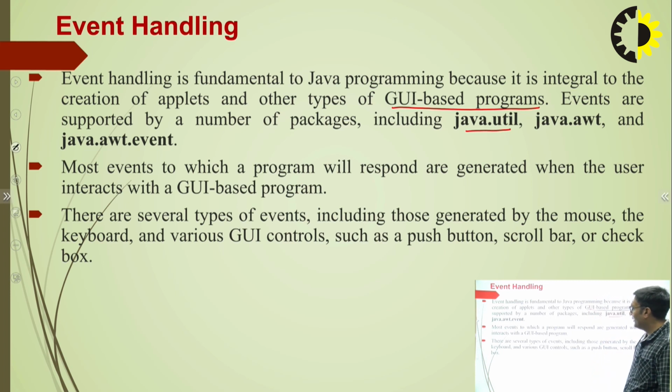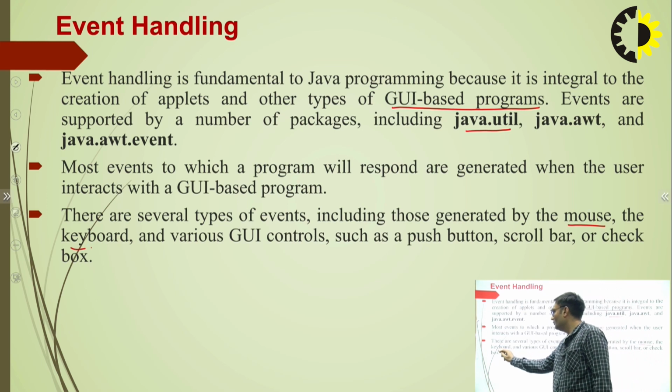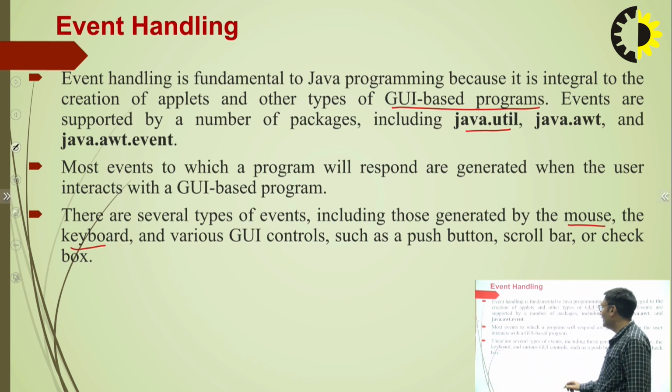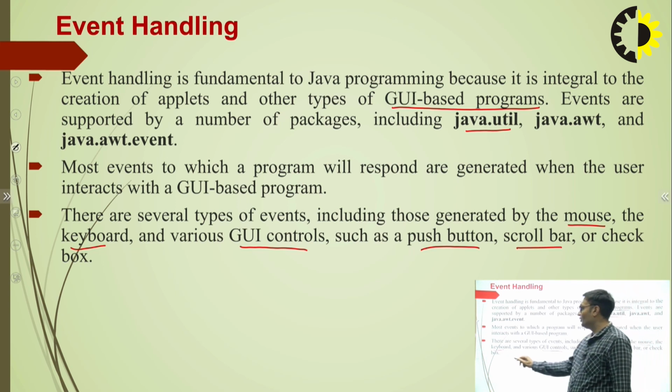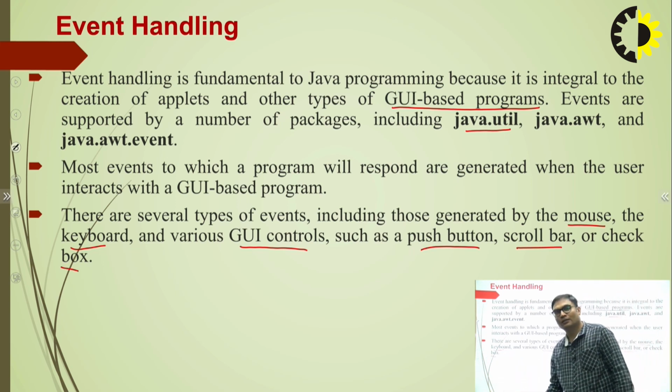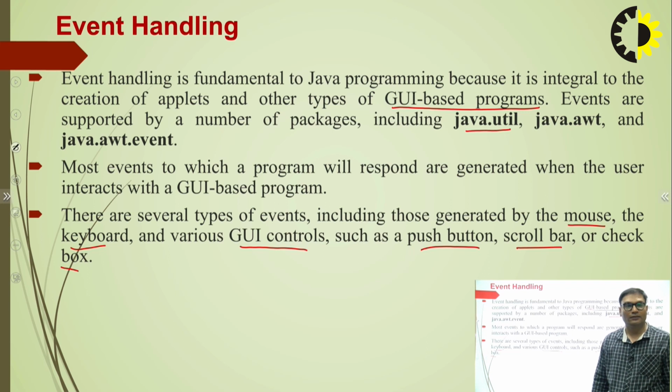There are several types of events including those generated by the mouse, keyboard, and various GUI based controls such as push buttons, scroll bar, checkbox, or other GUI based components.